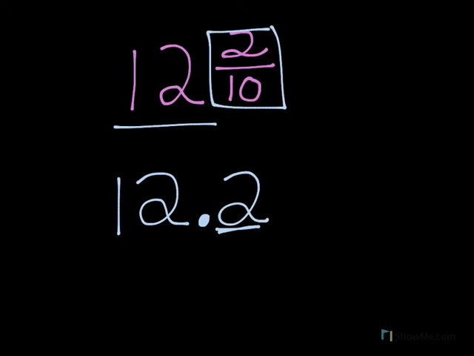I don't need anything to the right of the 2 because I don't need to show any hundredths or thousandths. We haven't talked about thousandths yet. This decimal would be pronounced 12 and 2 tenths. Remember to say and for your decimal point.